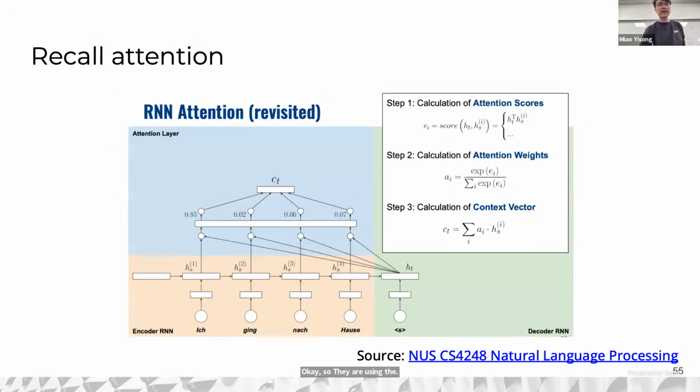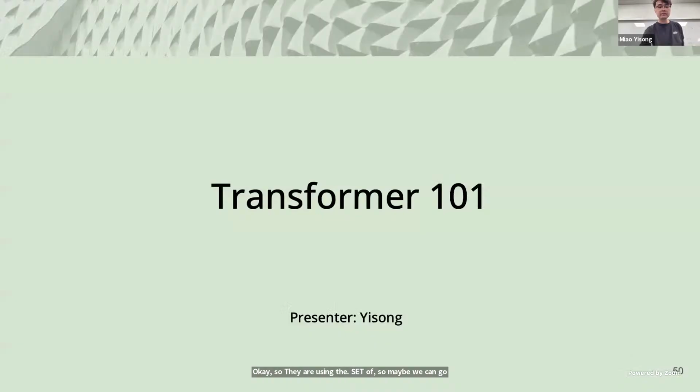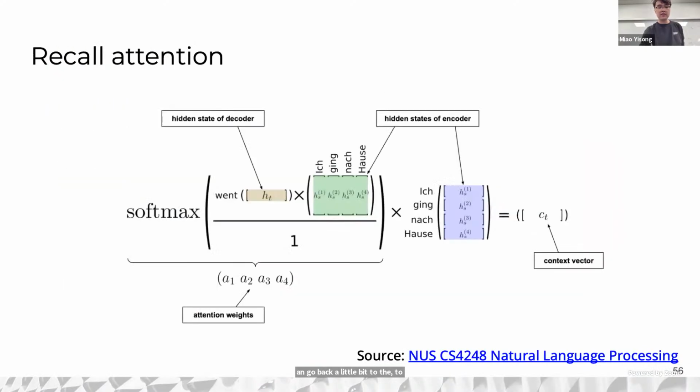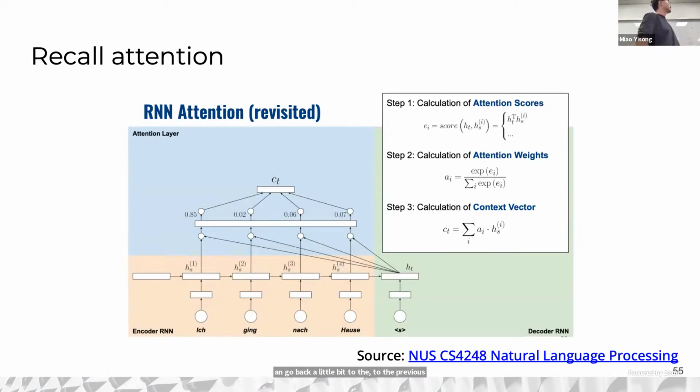So maybe we can go back a little bit to the previous slides about calculating the attention in the RNN architecture. At least for the RNN architecture, they are using the very same set of K, Q, and V, right? Sorry, I made a mistake, so let me repeat.